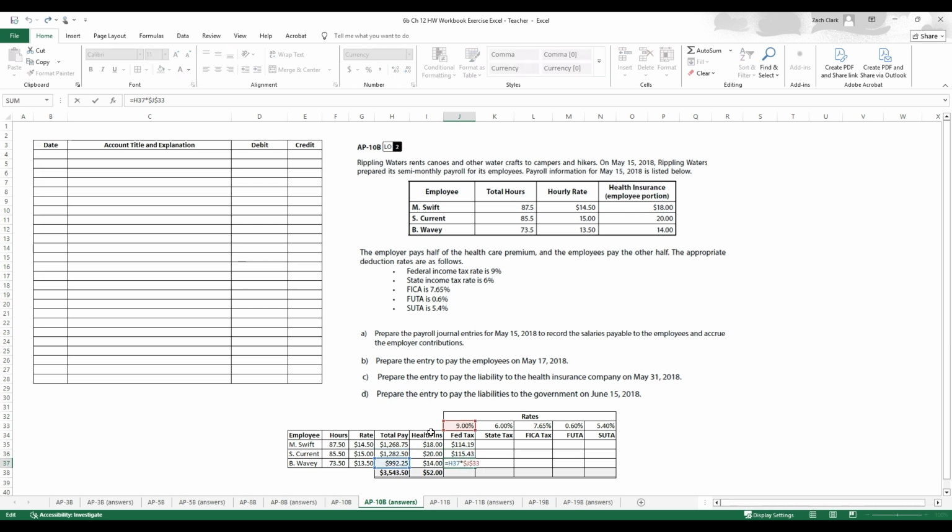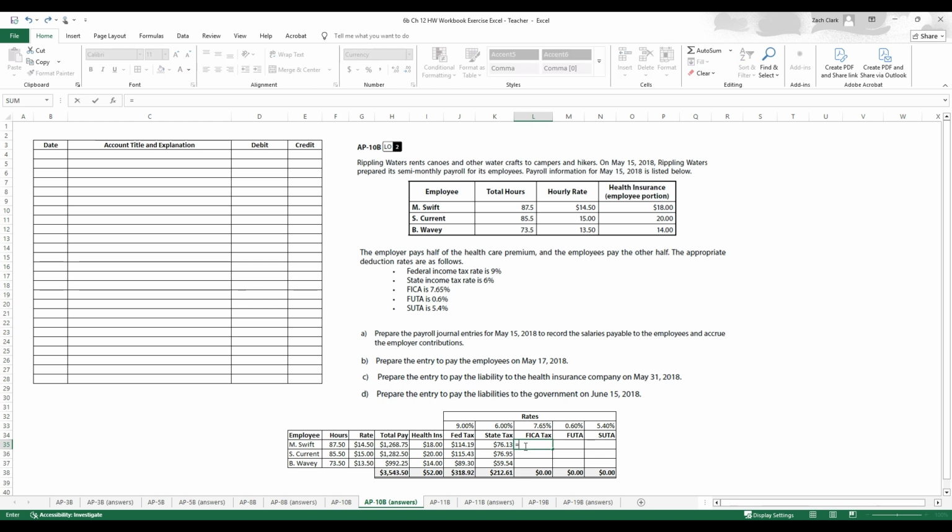Everyone's pay gets multiplied by the 9%, you can see on those formulas. Then I'm just going to drag this across with summation formulas, because we're going to need that for each one. Again, the same thing: I'm going to click up here, F4, to lock that cell, and then times the total pay, and then drag it down.